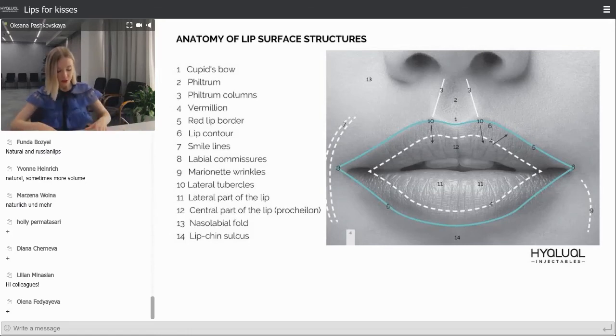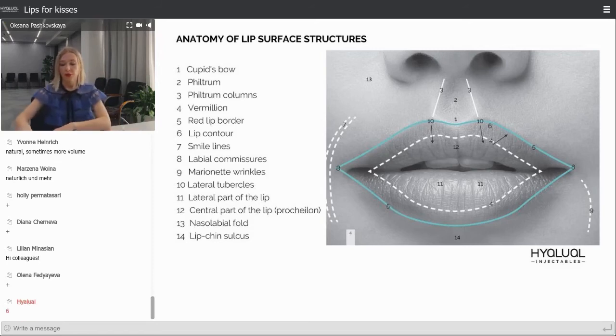And colleagues, of course, for understanding each other and the techniques, how we should inject, we should know the names of the different anatomical structures of the lips. If you know, it's great. If you don't know, you could take a screenshot and just distinguish each part of the lips.